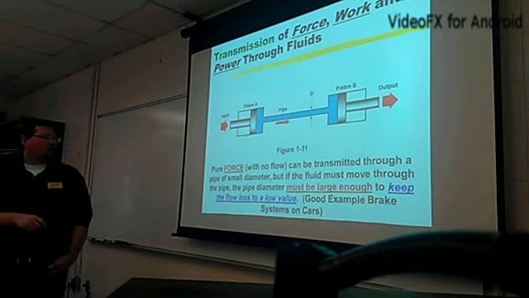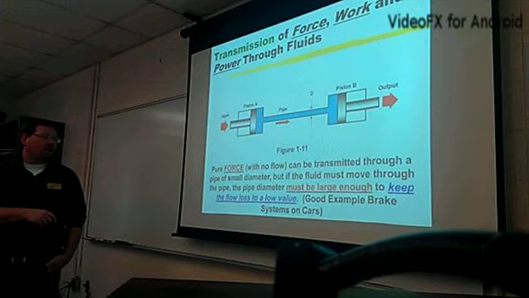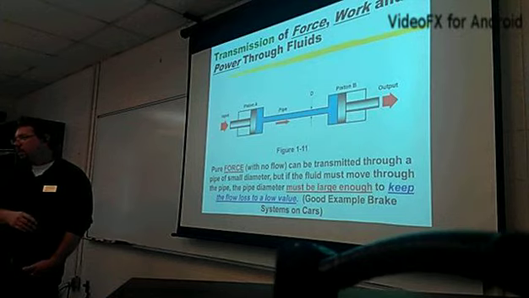A pure force with no flow can be transmitted through a pipe of smaller diameter, but if the fluid must move, the pipe diameter must be large enough to keep the flow loss value down. Okay. How fast you want to move depends on the size of your pipe. Most hydraulic systems move slow anyway, and it's not a big deal. But when we get into press actions, large hydraulic presses, then it becomes a big deal.